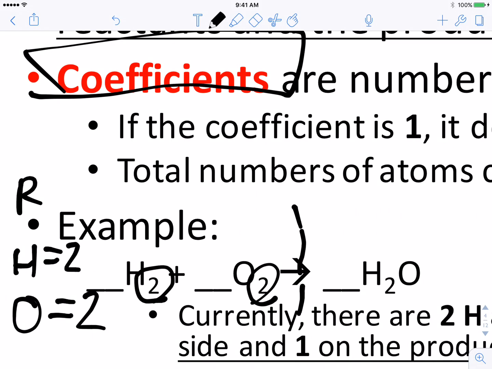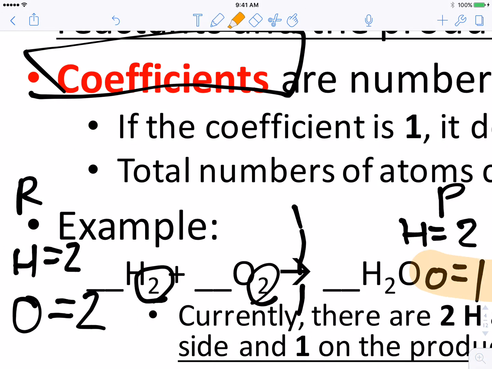Okay, now we go to the product side. How many hydrogens do we have? 2. Looking good. How many oxygens do we have? 1, because there's no subscript there. So our problem is that 1 does not equal 2. So we need to boost our products.